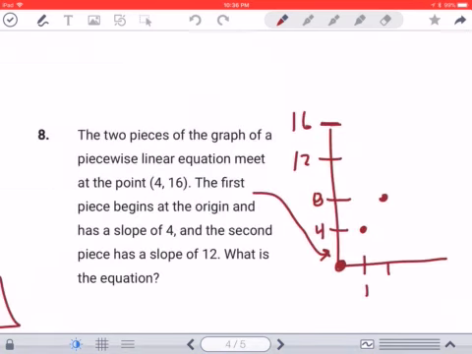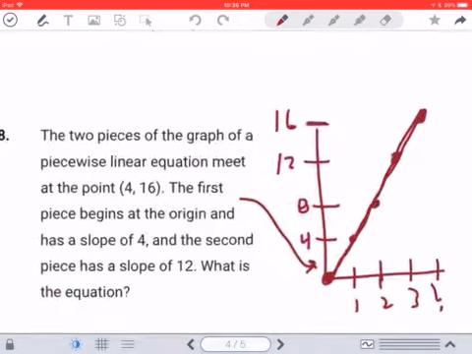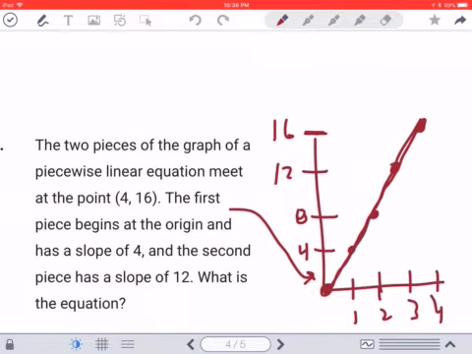Okay, we're just sketching it. So this would be 2, 3, and 4. So (3, 12) would be a point, and (4, 16) would be a point. And so this function right here looks like that. And the second piece has a slope of 12. That would get pretty steep here. So the next part, 5, would be 12 more than this.